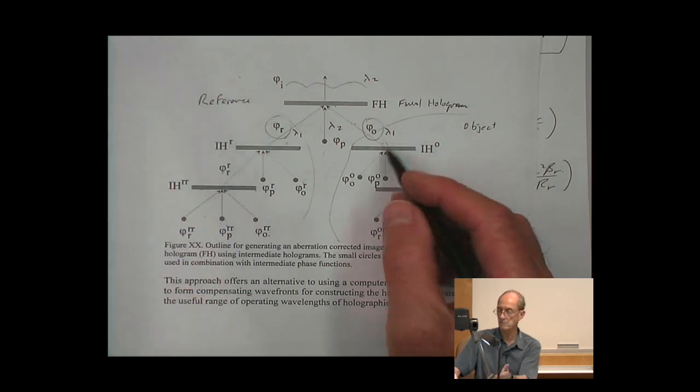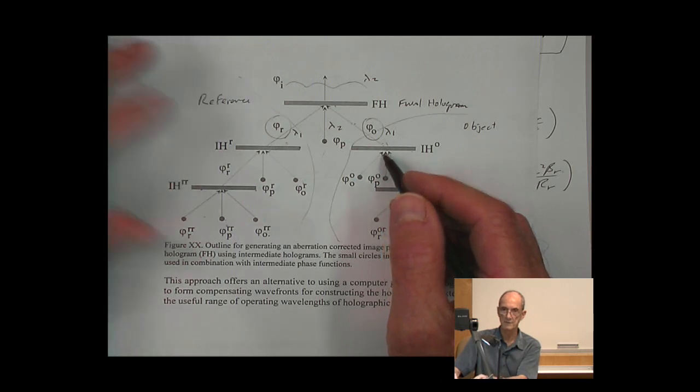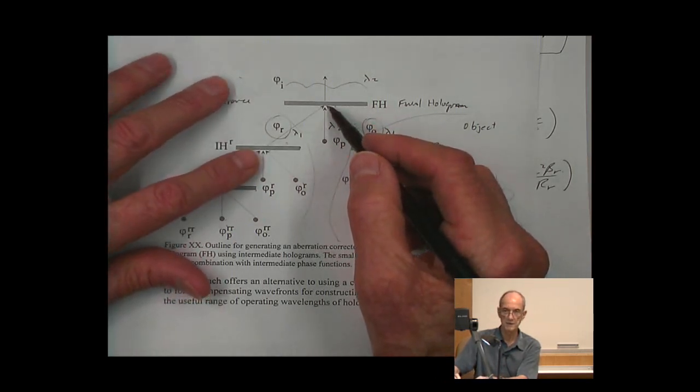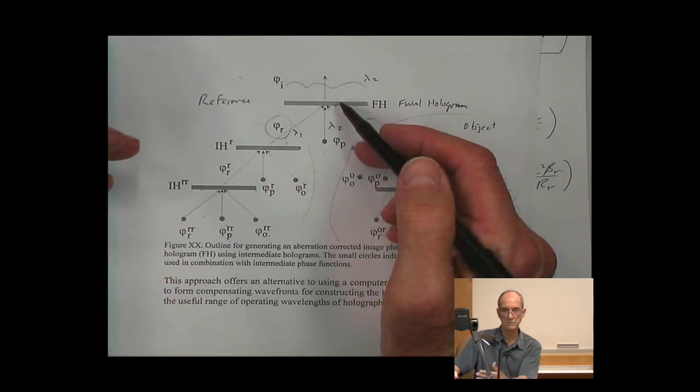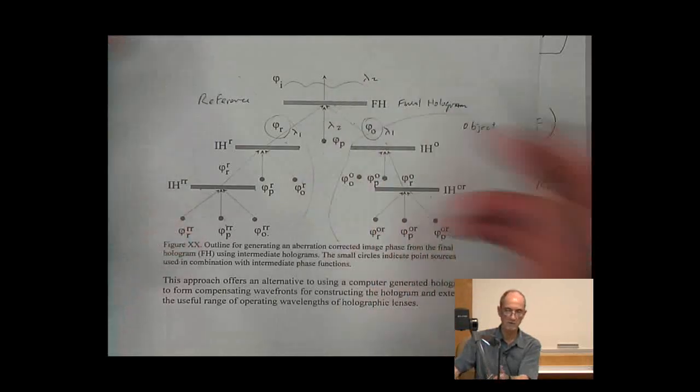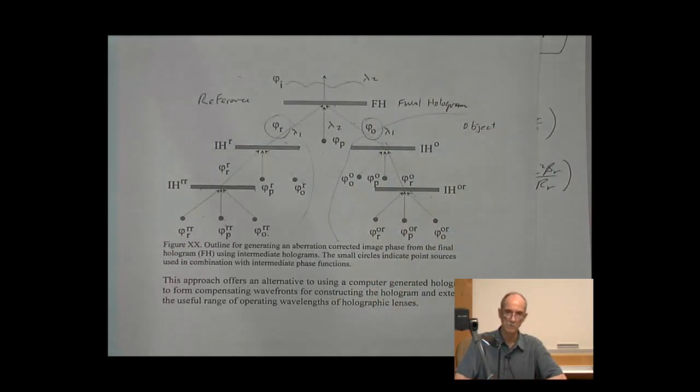All right, so you may get 90% diffraction efficiency coming through. That then illuminates the final hologram. You just vary your exposure time to maximize the efficiency, and your final hologram could be 90% or more as well.